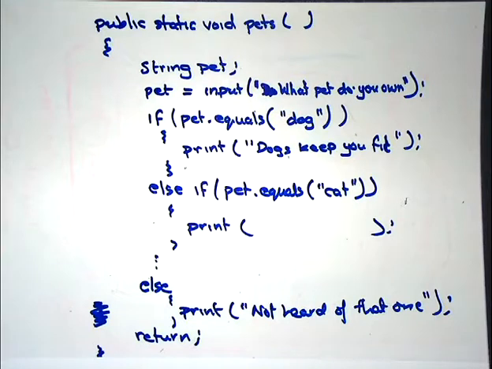Maybe I'm just confusing you. Yes, it would be in the method that calls this method. So it might be in main, for example. Main calls pets to ask them about something friendly about pets. No, you would have to change it to public static Boolean pets and then say return b or whatever you call that variable. Okay?